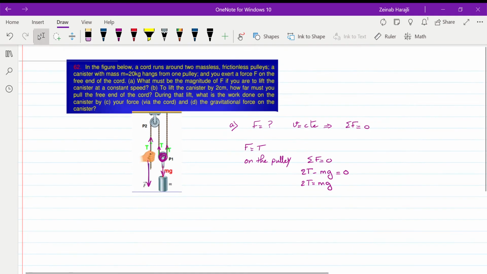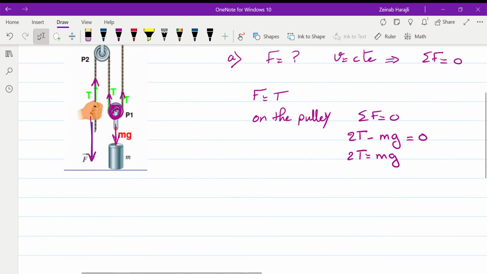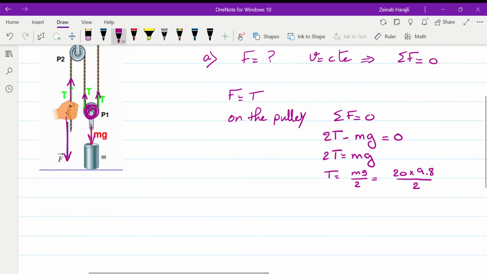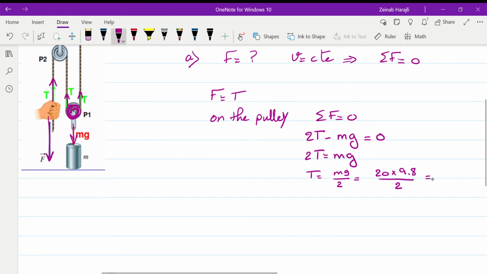We can use m, which is 20 kilograms now, to find T. And this will give us 98 newtons for the tension, and F has the same magnitude.